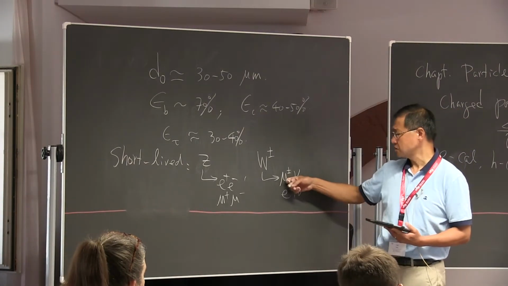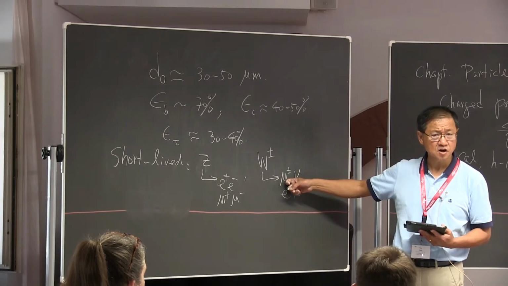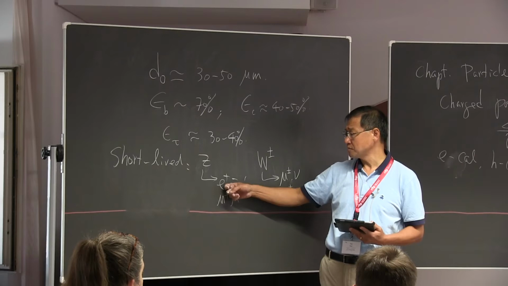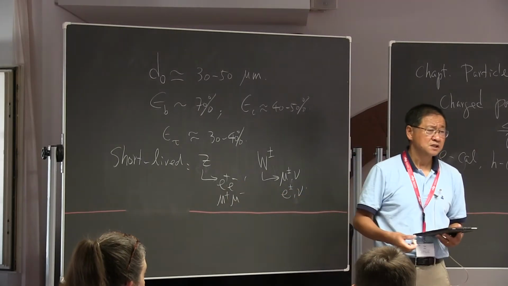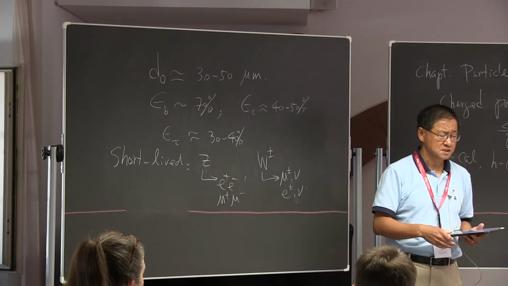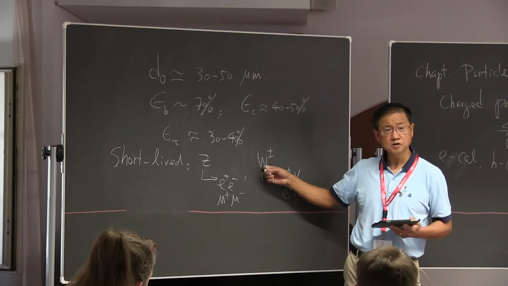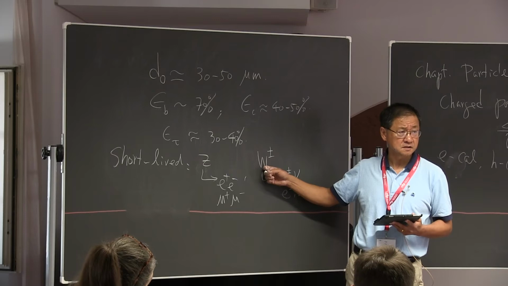The branching to one charged lepton channel is almost 10%, 9% or so, and the Z to one lepton pair is only 3%. So you count the lower branching for the Z and the smaller cross section. Therefore, W has an order of magnitude larger yield than Z.